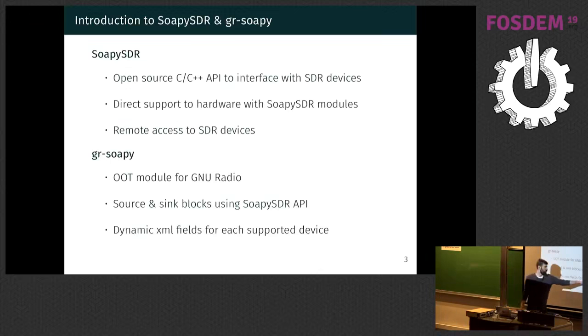When I say that the device is supported, I mean it from the gr-soapy point of view. That means that someone has changed the XML file accordingly to understand when the device, for example a Pluto, is on the block, to generate the correct fields.